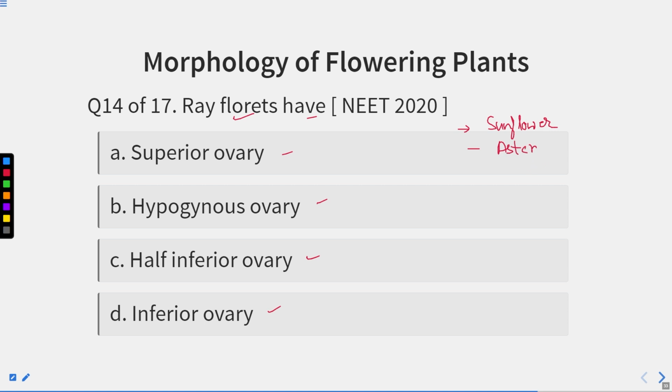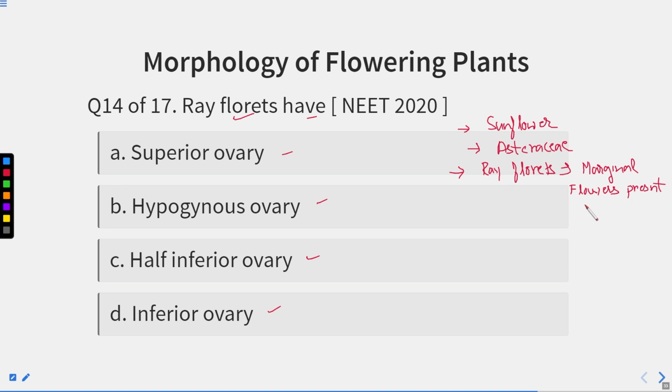Sunflower is a member of the family Asteraceae. If we talk about ray florets, how can we define ray florets? These are nothing but the marginal flowers present on the margins.